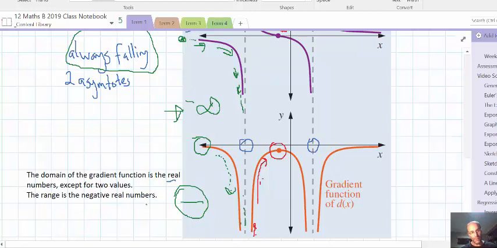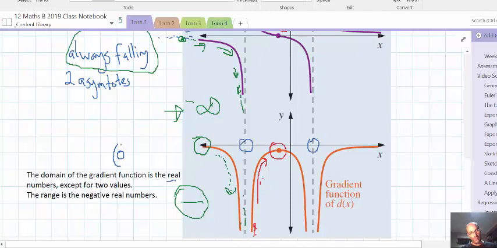The range, or possible y values, are all negative real numbers, because the ultimate extent of this would be to approach 0, but it won't reach it, so it'll go down to basically 0, but not including. It'll be an open set. It won't include 0.